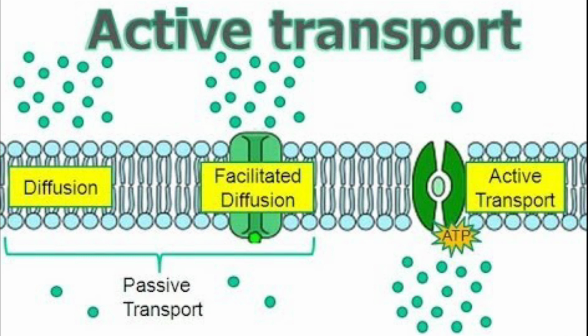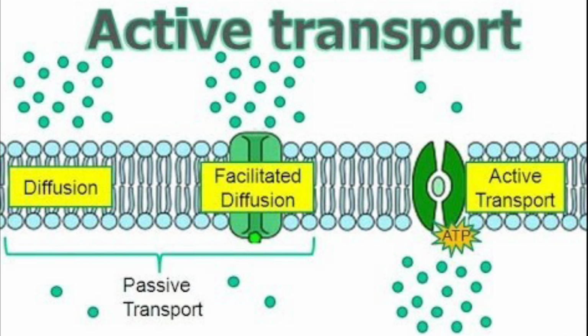In this diagram, you will observe diffusion and facilitated transport, passive transport and diffusion. They do not need proteins. Facilitated diffusion needs proteins and is called passive transport.